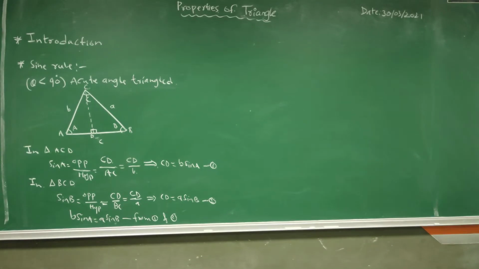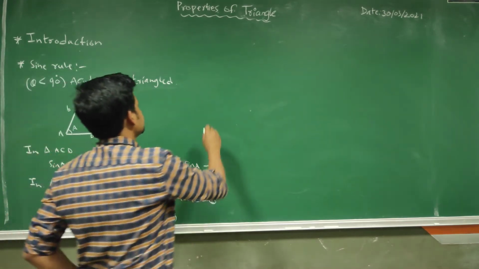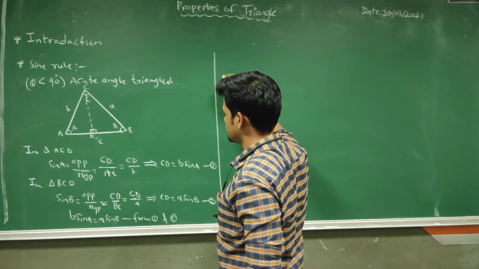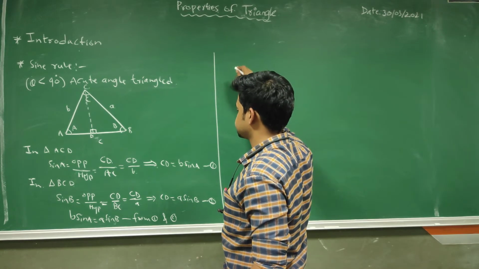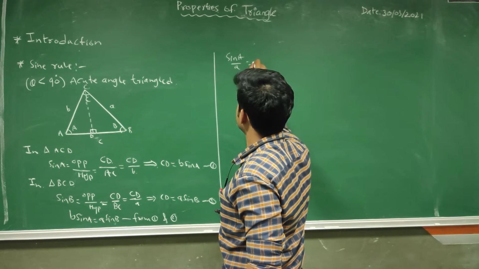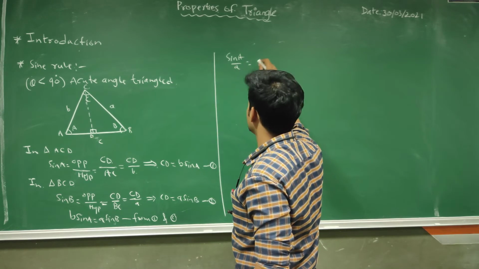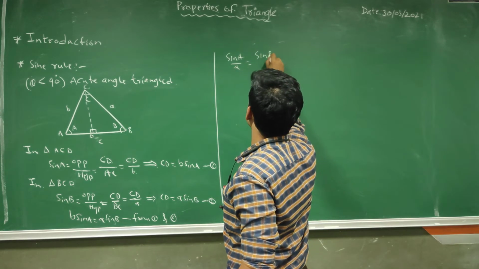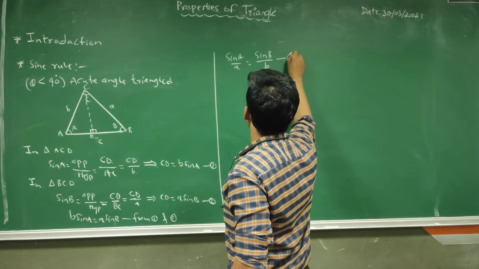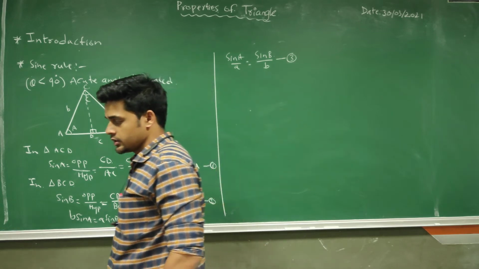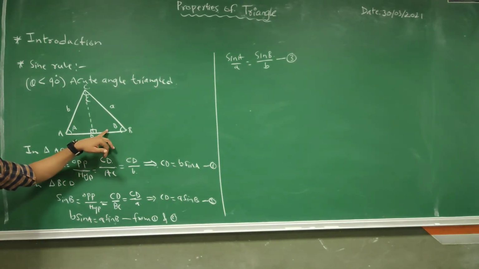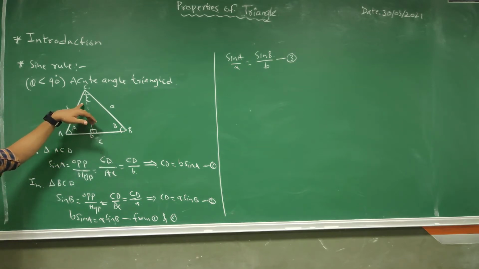Okay, now from here I am able to write sin A by a is equal to sin B by b. Let's take this as equation number 3. Okay, so we applied the sine rule here and here. Okay, we didn't apply here.